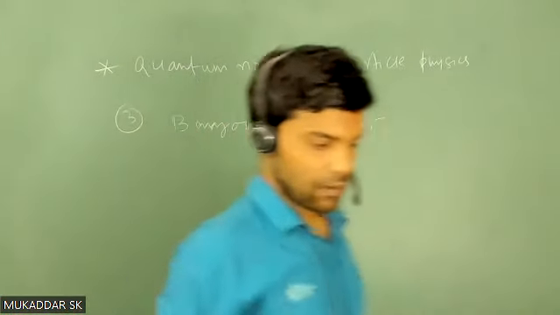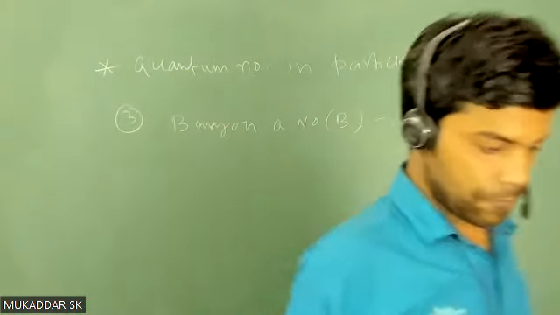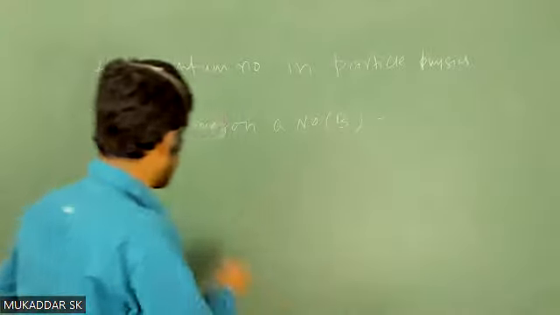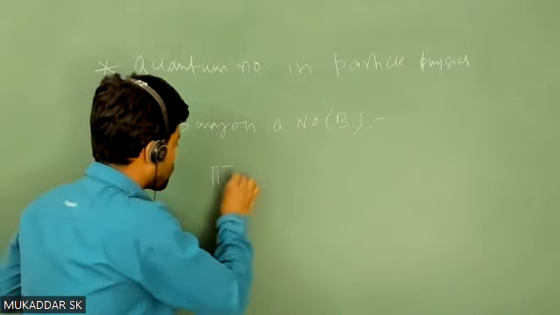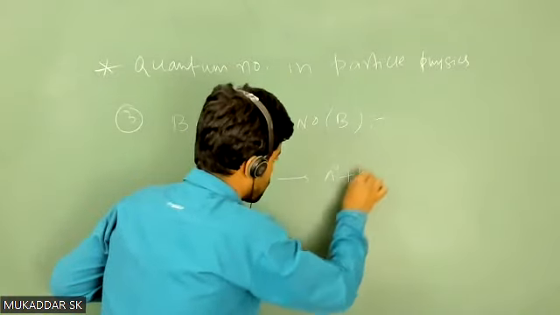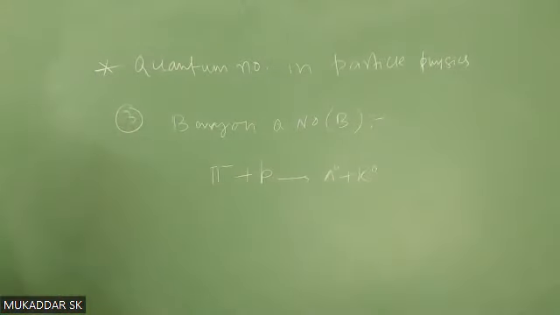Can take example. Suppose you have pi minus plus p producing lambda 0 plus K0. Can you check whether baryon number is conserved here or not?